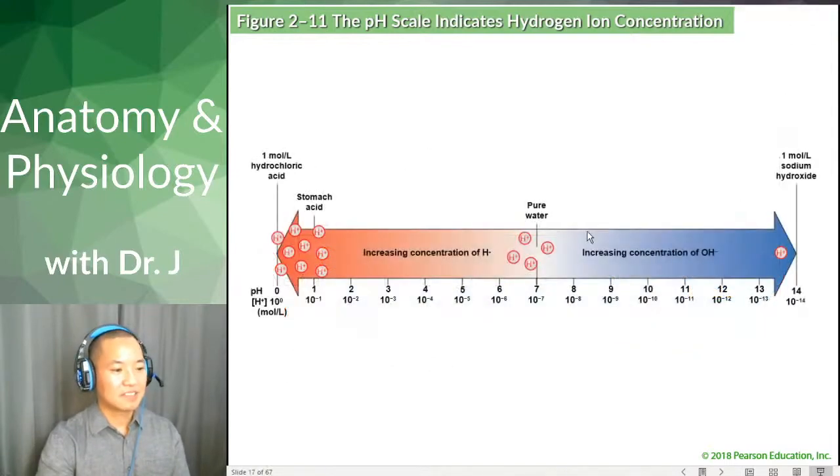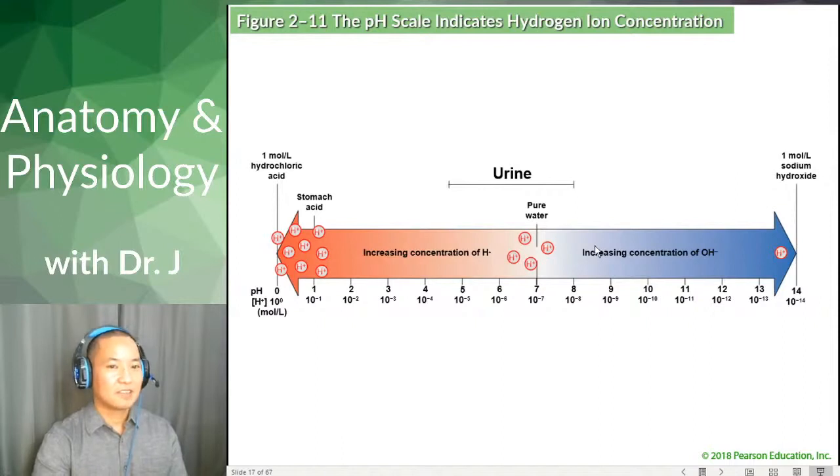Now compare that to something like urine. In terms of medicine, the normal range can actually go from roughly 4.5 to 8. Say you're getting up in the morning and you take random urine samples from everyone, urine is actually more around this range. But depending on your diet, that can also cause your urine to go toward the basic side.